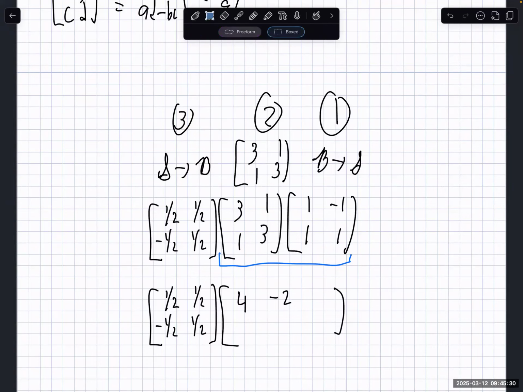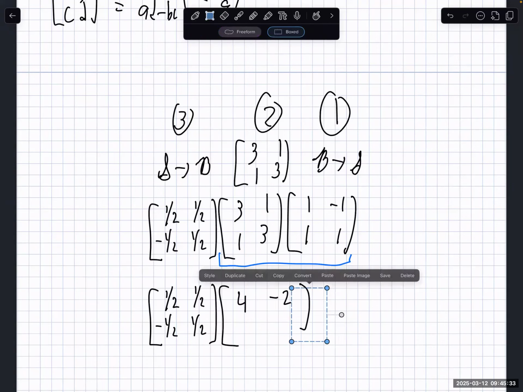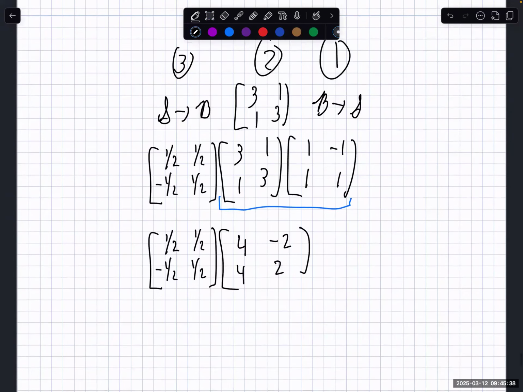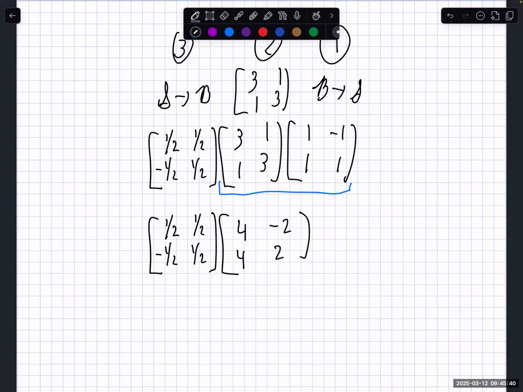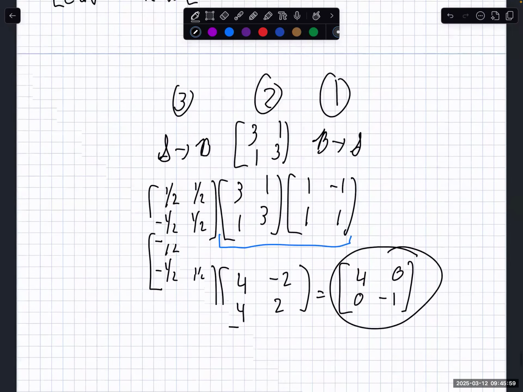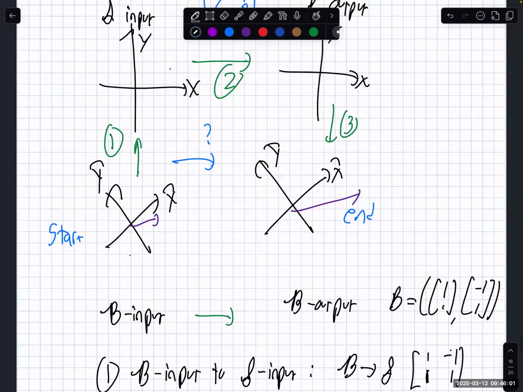That's right. That's 4. That's 2. That's 4, 0, 0. Okay, so there is the matrix that will turn B inputs to B outputs.